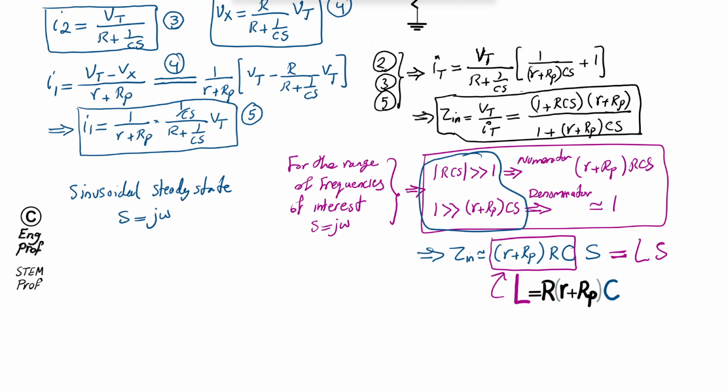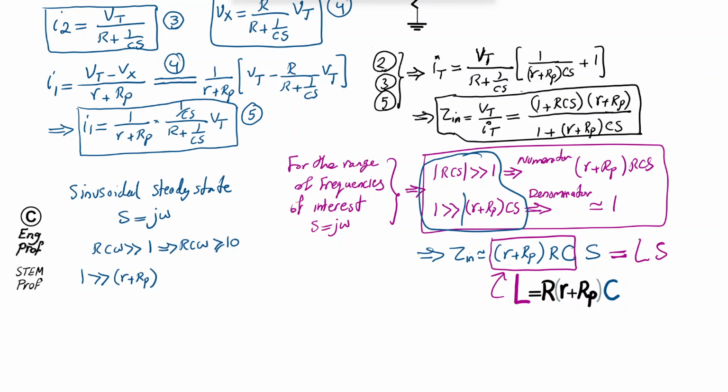So what are we saying from these conditions? We are saying |RC jω|, which becomes RCω, should be much larger than 1. So let's say RCω is greater than or equal to 10. That's good enough, 10 times. And then we are saying 1 should be considerably larger than (R plus RP) times Cs, or Cjω.